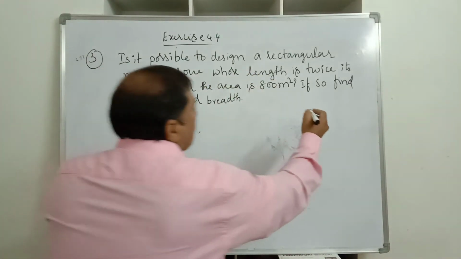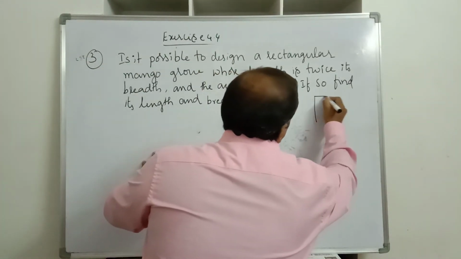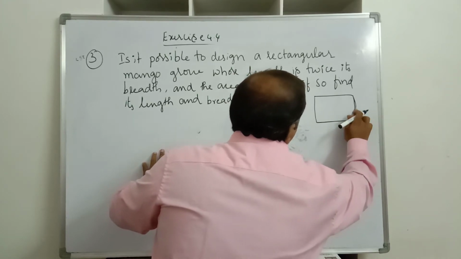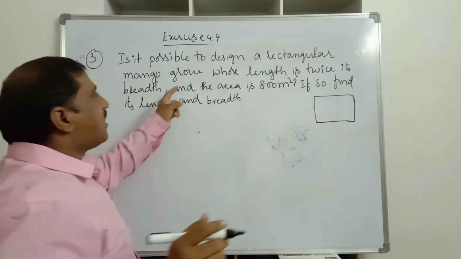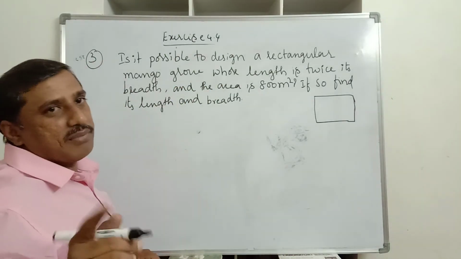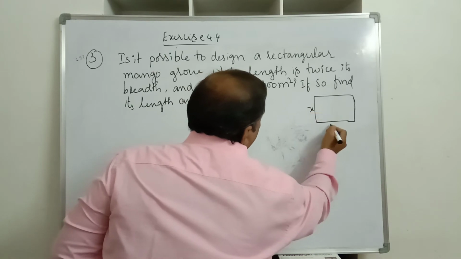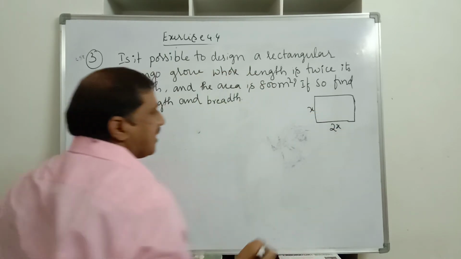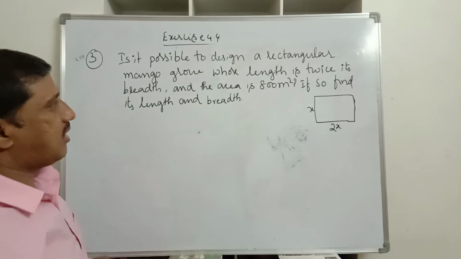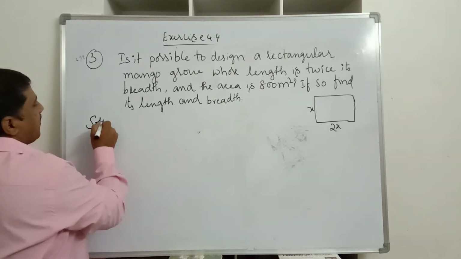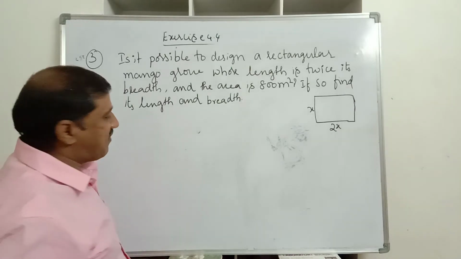So let us take that it is possible. This is the mango grove of rectangular shape whose length is twice its breadth. Therefore the length depends on the breadth. Let this be the breadth, x, and this is 2 times x, that is 2x, twice its breadth. Now the first part of the problem is to make the quadratic equation.